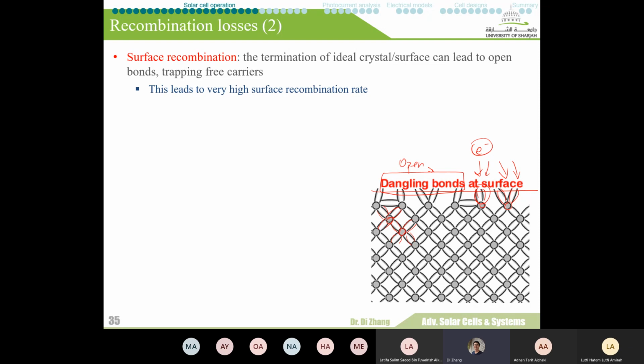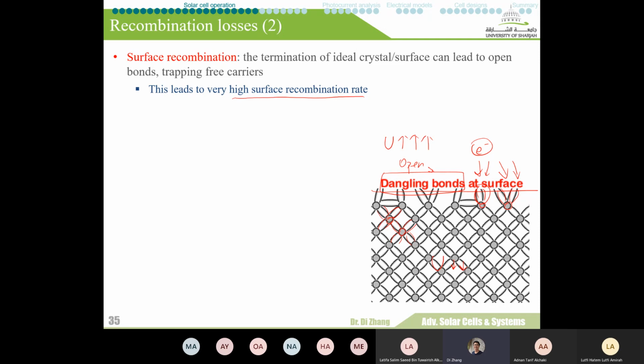This is another major mechanism for losses. Typically at the surface, you have a very high recombination rate, much larger than the recombination in the bulk.